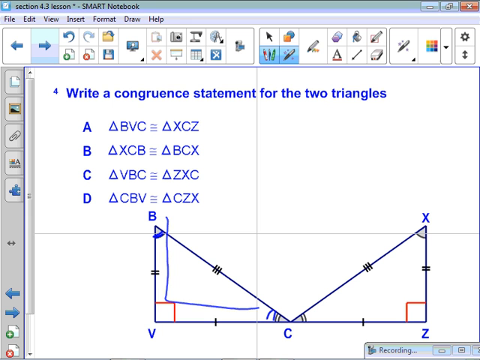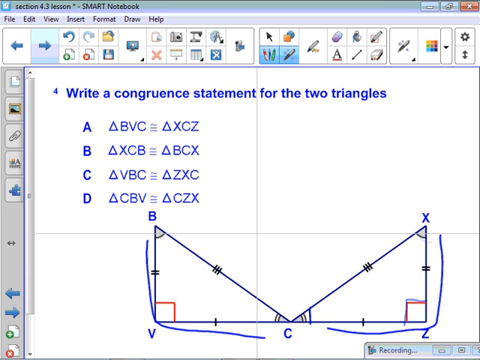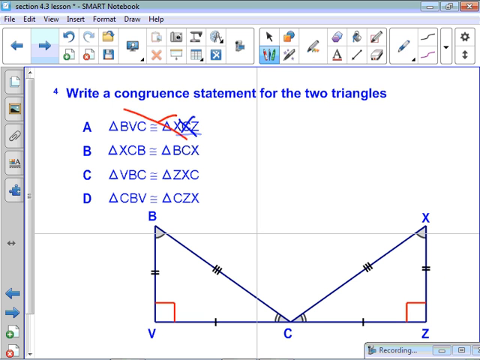Okay? So we need to start from the single, go to the right angle, and then the double. So if we were going to start with BVC, we should say it was congruent to XZC. This one says XCZ, so that is not correct. Okay? So this one is going to be wrong.